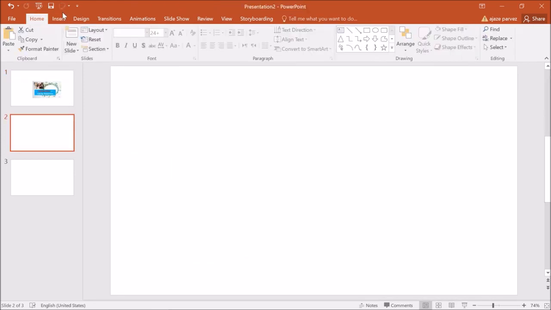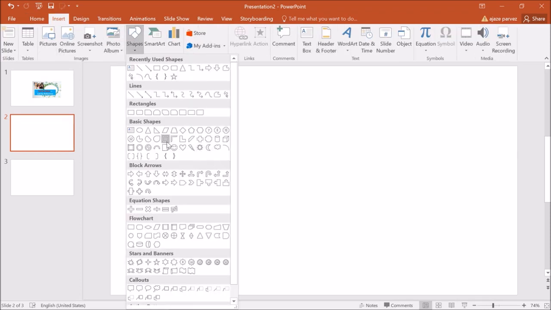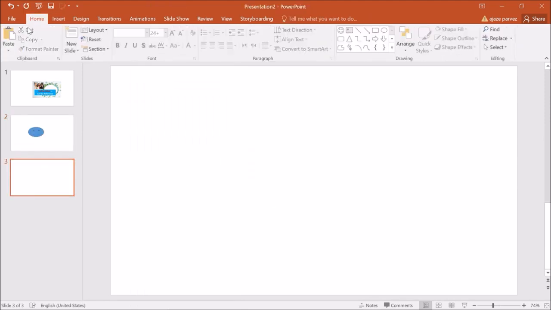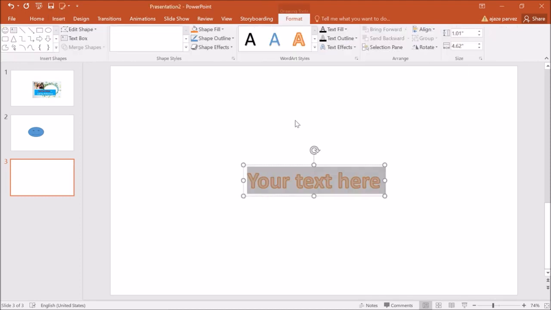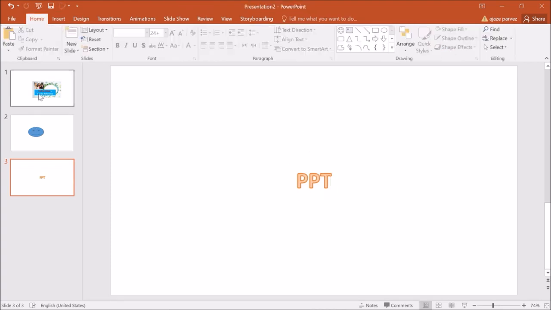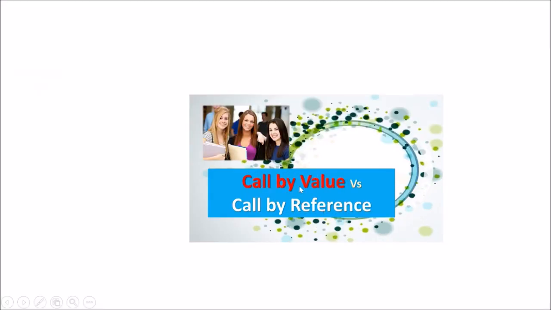And let me insert some other stuff here, a smart shape, any of the shapes, say this one, right? And here I'll insert some word art, PPT, PowerPoint presentation. Now I want to show you first how this is going to be shown. One slide, second slide, third slide.